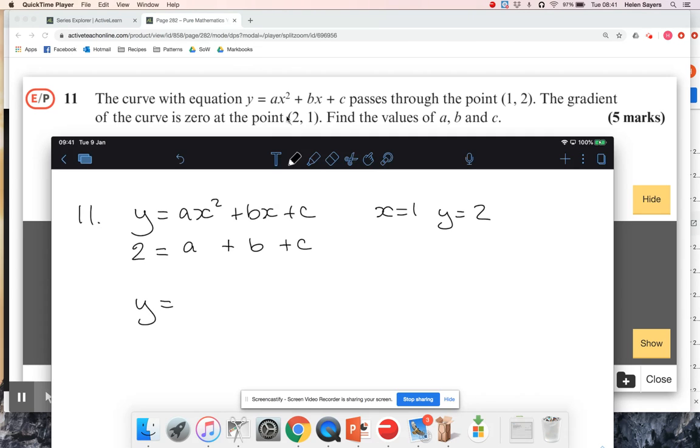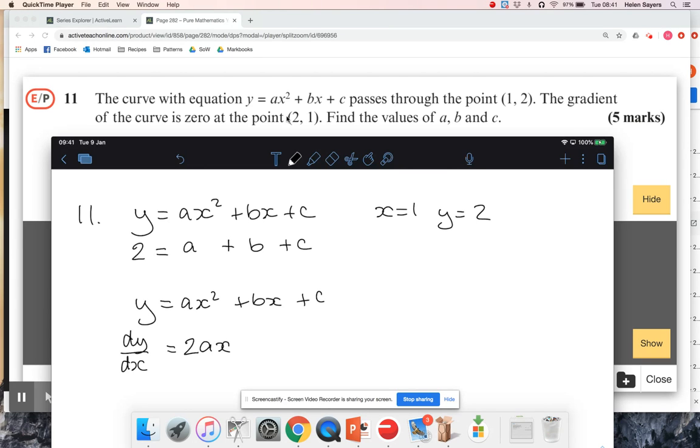So let's write out the original quadratic again. The gradient is obviously going to be what I get through differentiating. a, b, and c are just constants, so they are just values. When I'm differentiating ax squared, I differentiate the x squared as normal, so I multiply by the 2, which makes that 2a, and then the power reduces to 1.